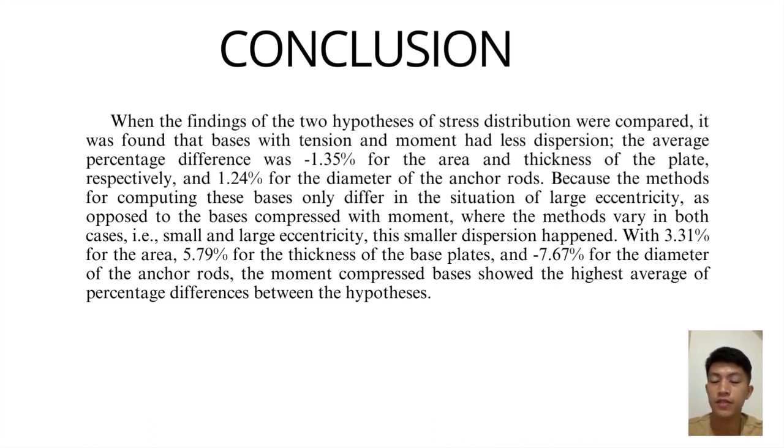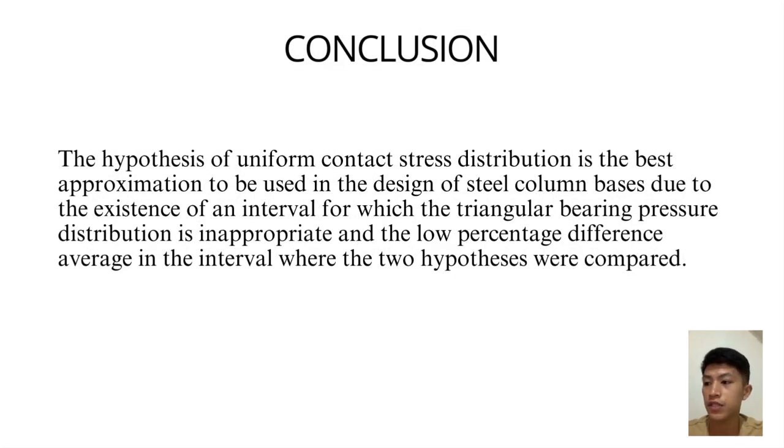The moment compressed bases showed the highest average of percentage differences between the hypotheses. The hypothesis of uniform contact stress distribution is the best approximation to be used in the design of steel column bases, due to the existence of an interval for which the triangular bearing pressure distribution is inappropriate and the low percentage difference average in the interval where the two hypotheses were compared.